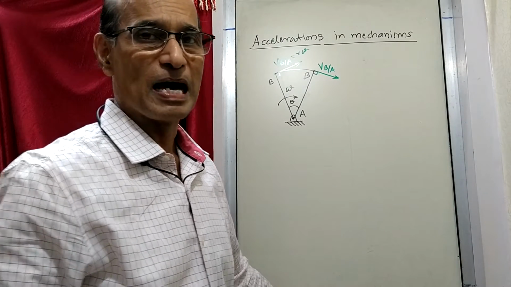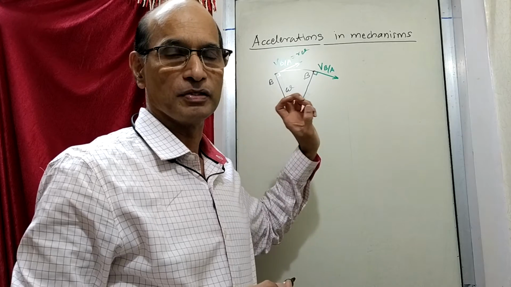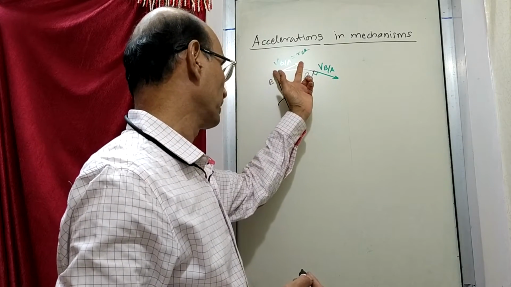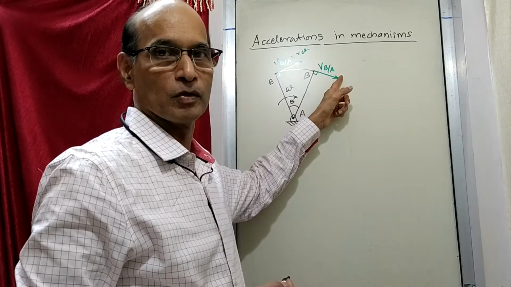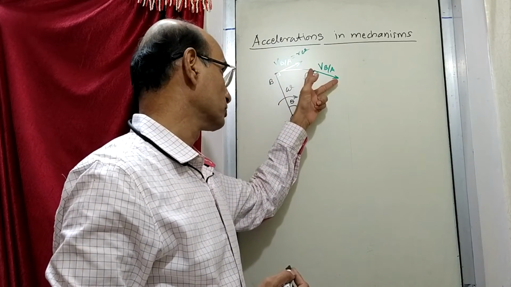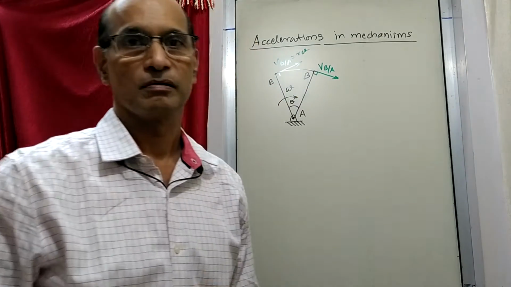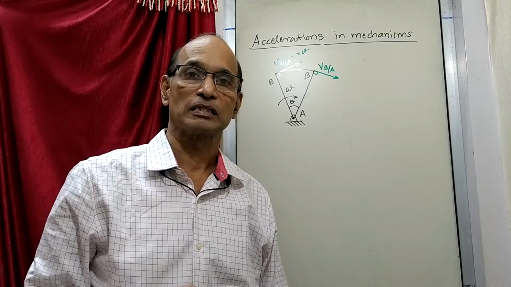Now, is there any change in the velocity? You will see here that the magnitude is the same, because omega is the same, r omega, r omega. So there is no change in the magnitude, there is no change in the length of this vector, but there is a change in the direction. The direction has changed, and direction is also one of the parameters, just like magnitude.